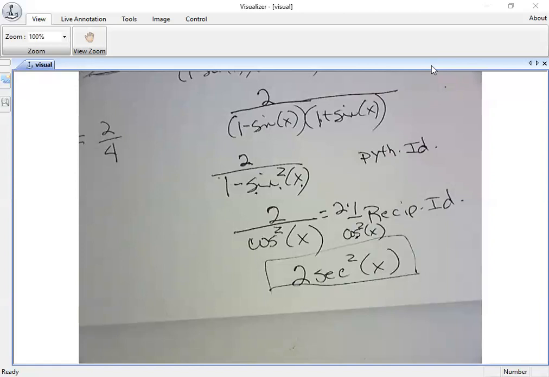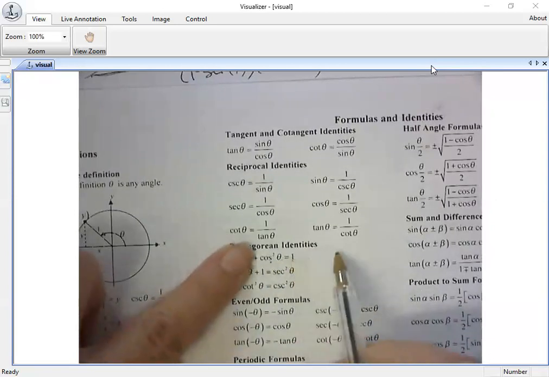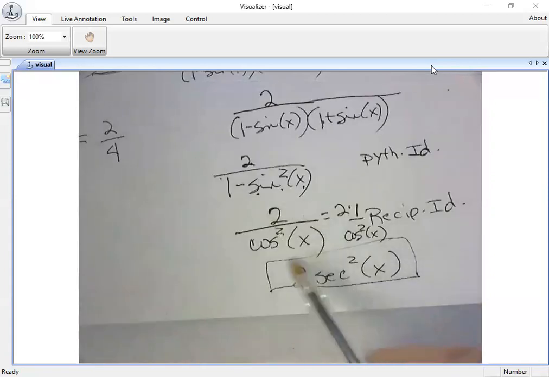Does that make sense? That Pythagorean identity, if you look at it on here, sine squared plus cosine squared equals 1. All we did is subtract sine squared from each side, and 1 minus sine squared would equal cosine squared. Okay? Does that make sense?